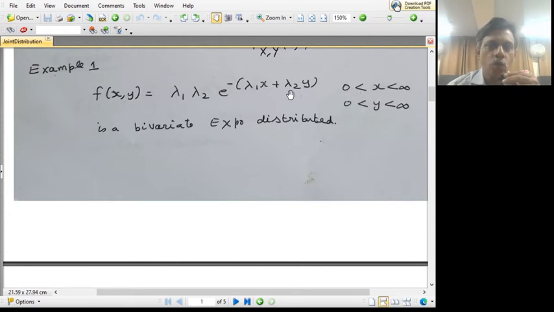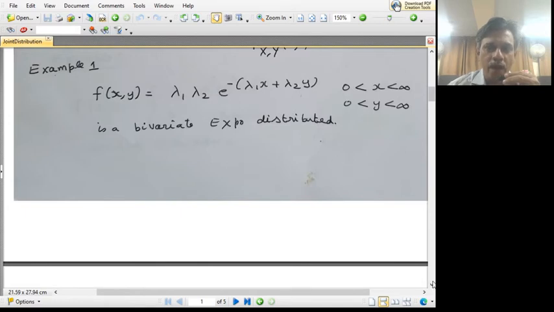You would see that this resembles the exponential distribution. In fact, this is a bivariate exponentially distributed function. Here there are two exponential distributions, one with parameter lambda 1, another with parameter lambda 2, and x and y are the two random variables. So this is their joint density function.